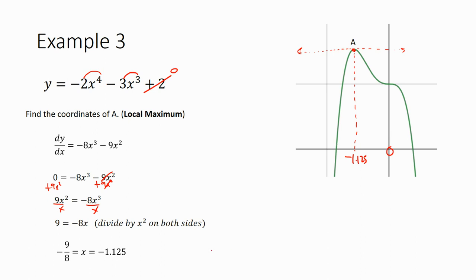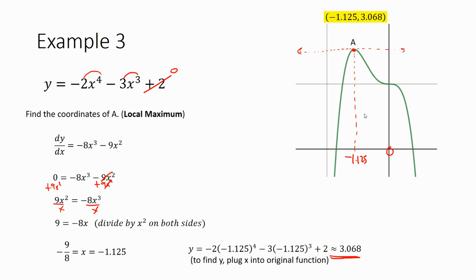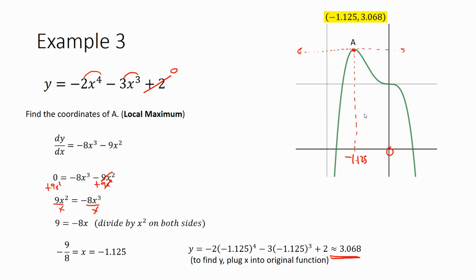Okay, and then the y coordinate, again, just plug it in to the original function. And I would definitely use a TI-84 style calculator to get this point, and this is a rounded off answer, about 3.068. Okay, so that's how we use the derivative to find local max and local min points of functions.